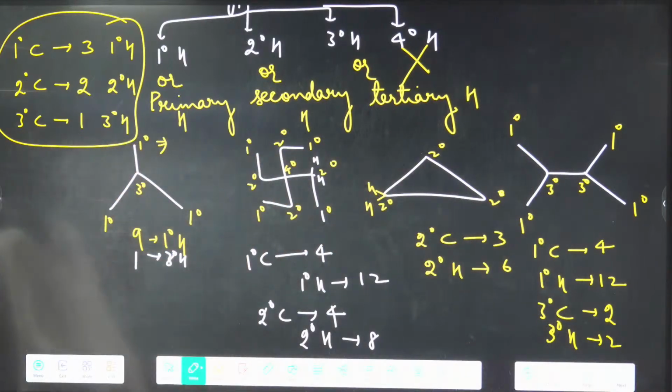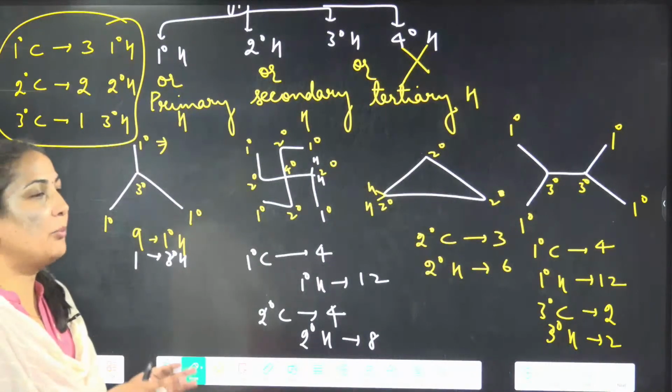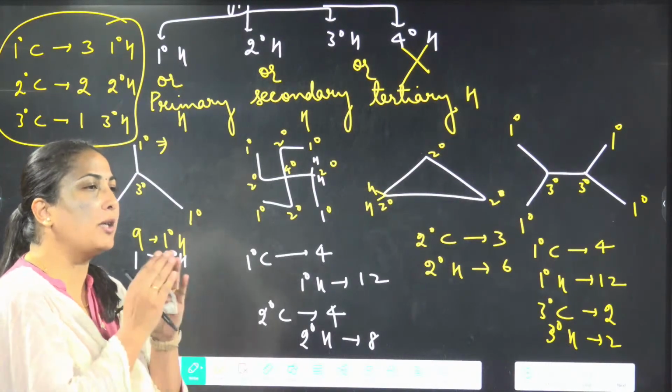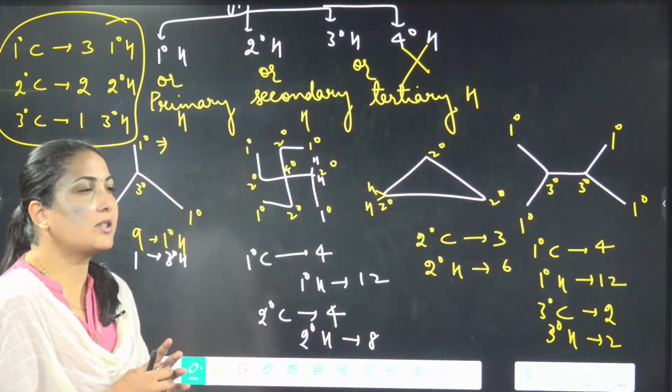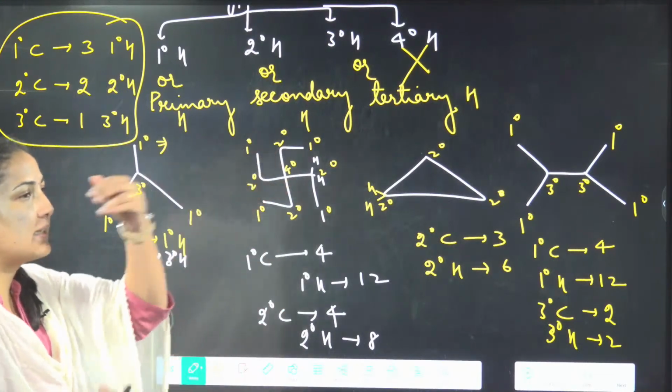Is this clear to everyone? Simple thing. You just need to check how many carbon atoms one particular carbon is attached to. That's how we define its degree.